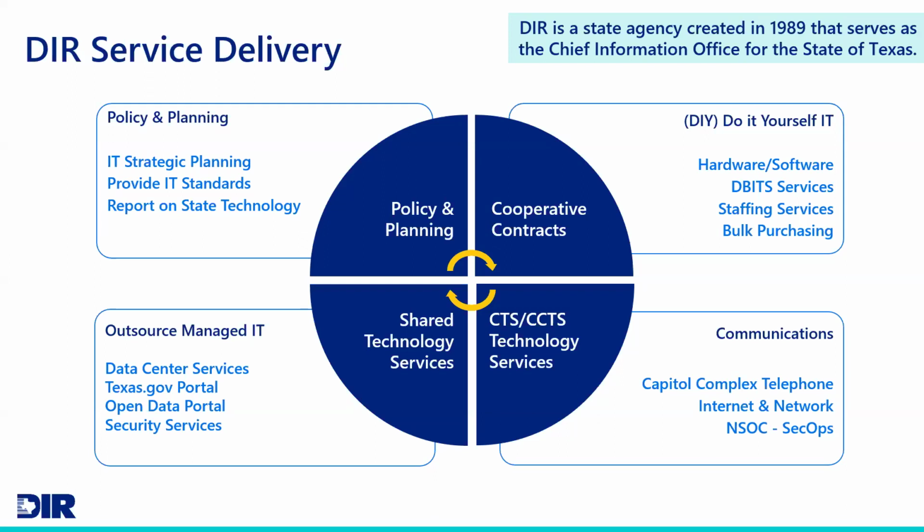There are technology services contracts available, including our DBITS contracts. I'll talk more about those later. We also have IT staffing services contracts. I'll talk more about those in a little bit. And then it does give us that opportunity from time to time to initiate what we call short-term bulk purchasing opportunities.